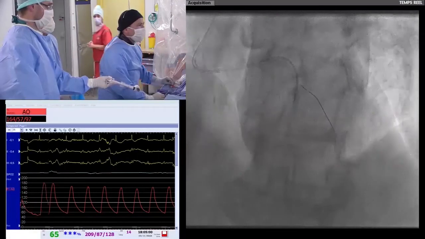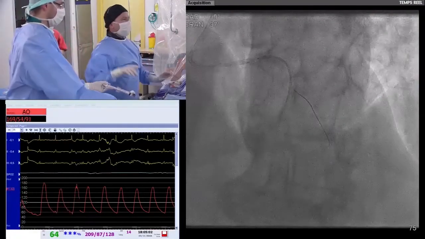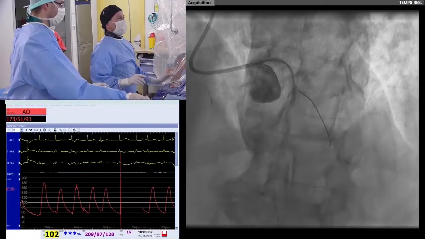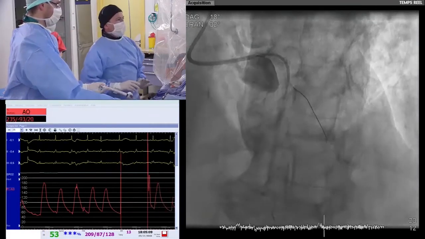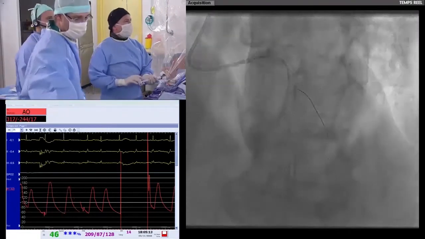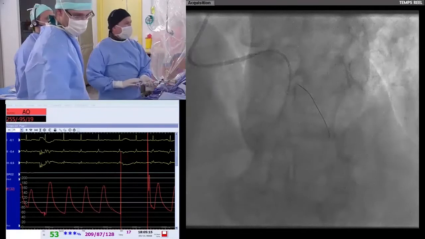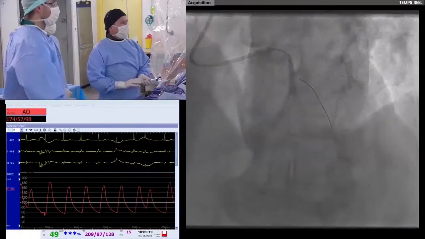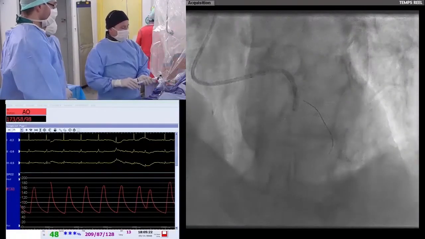So I advance a little bit the guiding. Test injection. Oh, I think it's okay. At this time, I will inflate. I repeat, I do not cover the circumflex artery because this is not diseased and the angulation is quite good. I inflate at low pressure.